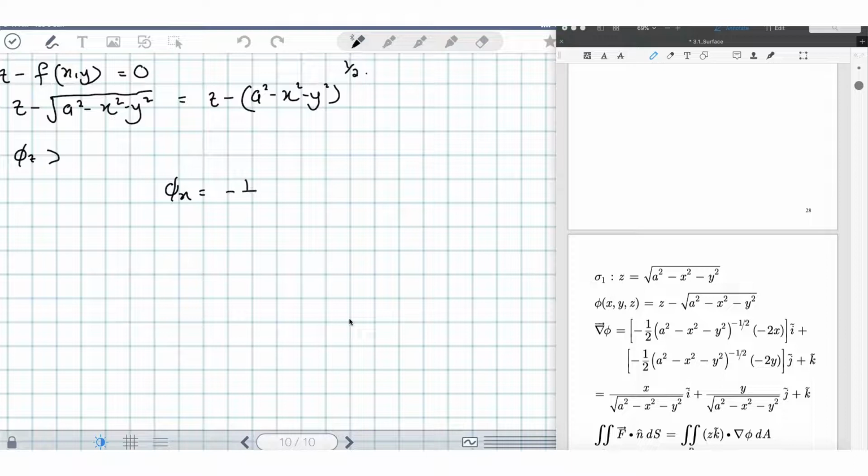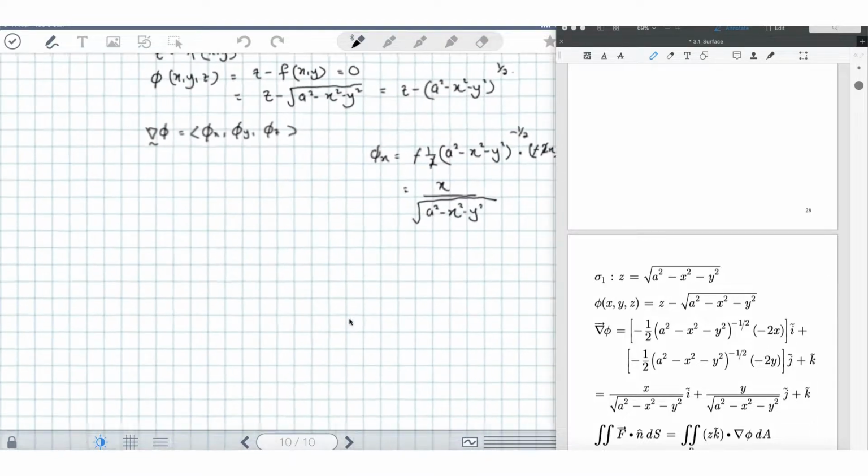negative 1 over 2 times (a squared minus x squared minus y squared) to the power of minus half, multiplied by the derivative of the inner function with respect to x, which is minus 2x. So the negatives cancel, the 2s cancel, so you have x over the square root of a squared minus x squared minus y squared.